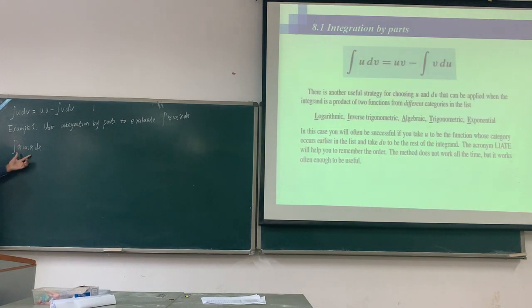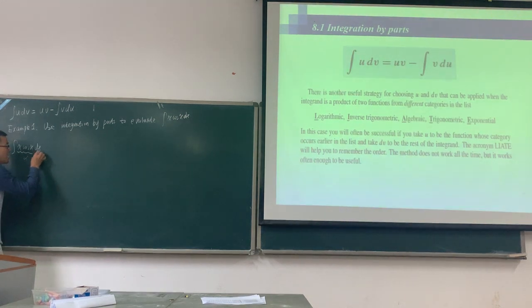So here actually we can choose this x times cosine x to be u, and x to be v.